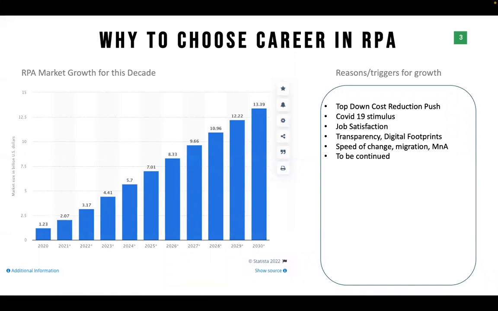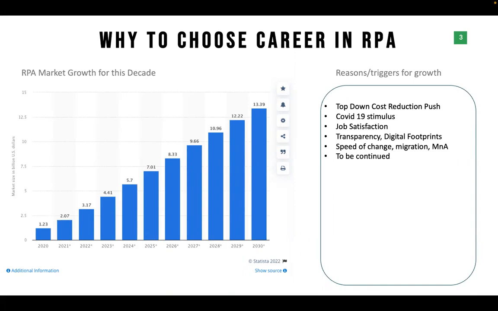If you start in RPA right now, in the next 8 years you can see yourself in a good executive or senior management position. With conventional technology, the growth would be there, but it depends on individual performance and company performance.